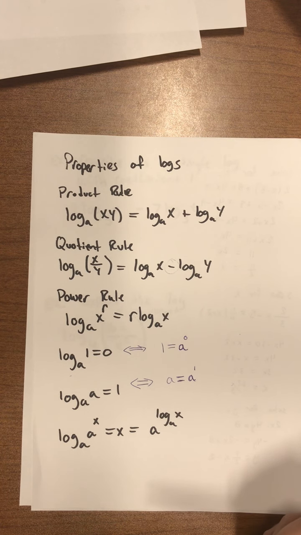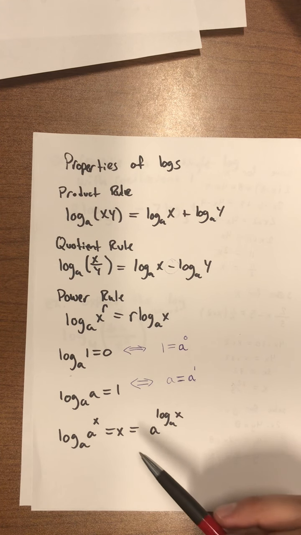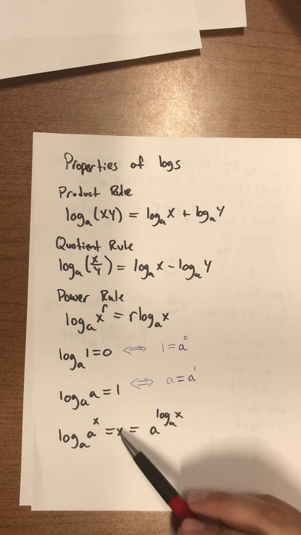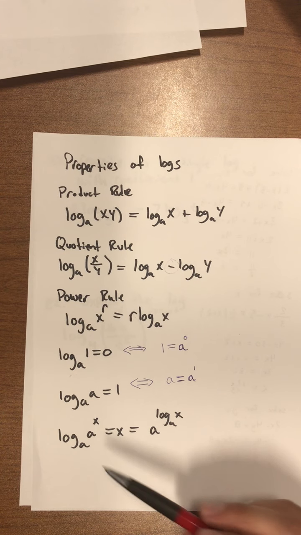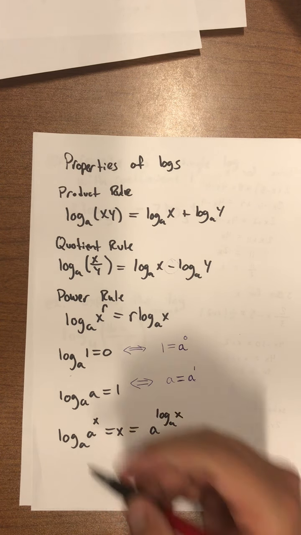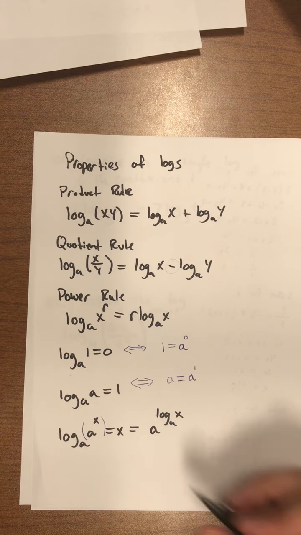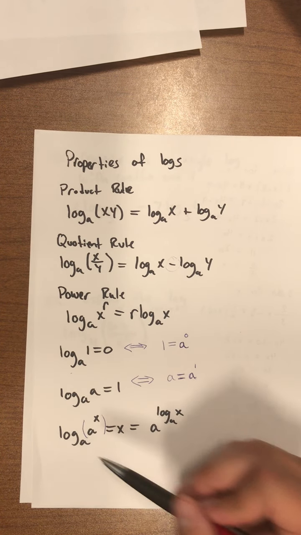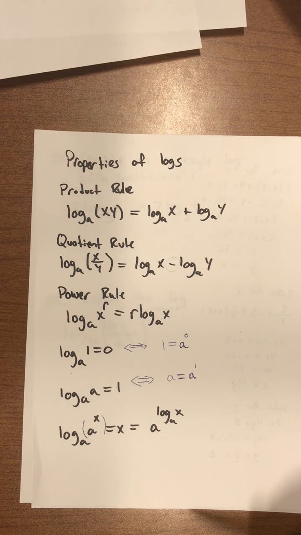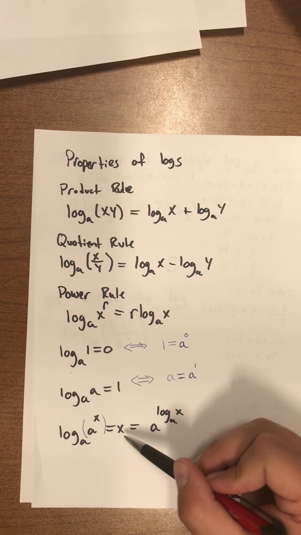Now, this equality comes from the fact that log and exponential are inverses. So if you go back to 4.1, inverses, when you compose them, you get the original independent variable. So in this case, we generally just use x. So if I have log base a of a to the x, so that is a composition with the exponential inside the log, that simplifies to just x.